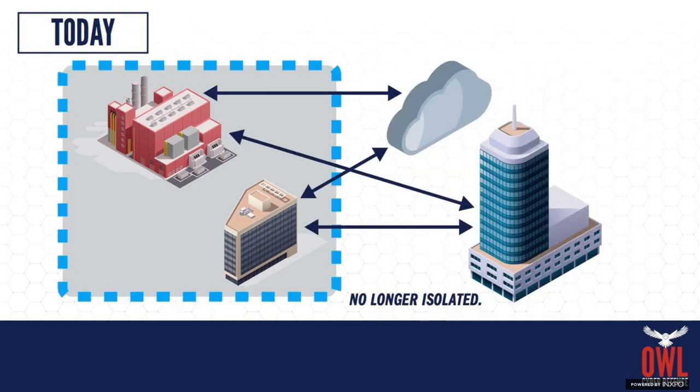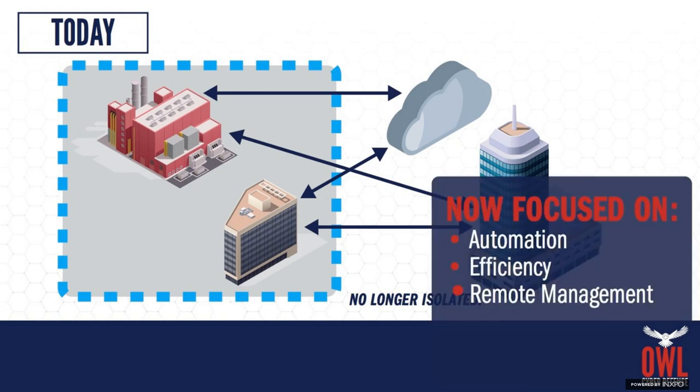As we move forward with the digital world, we have a lot more connectivity, providing expert information both to those working inside the facility and outside the facility. The problem with that is that we're focused on automation and efficiency and remote management, but each of those connections really becomes a potential threat. And so the Department of Homeland Security has come out with some recommendations saying how do we reduce those threats, how do we protect ourselves, and what do we look at to do that.